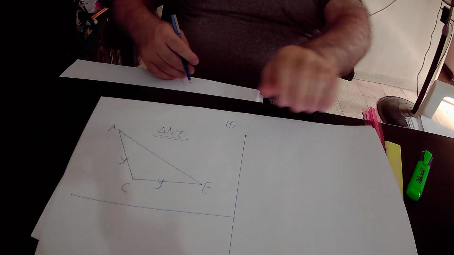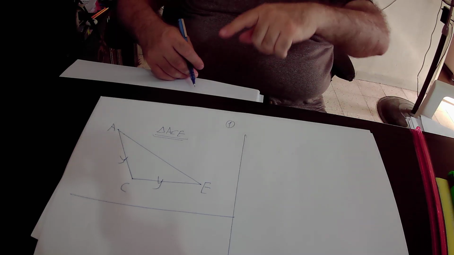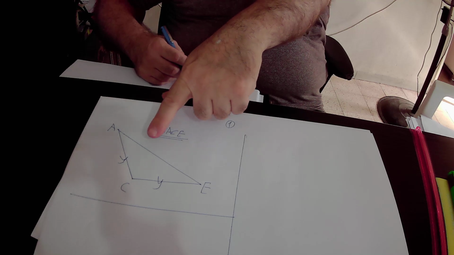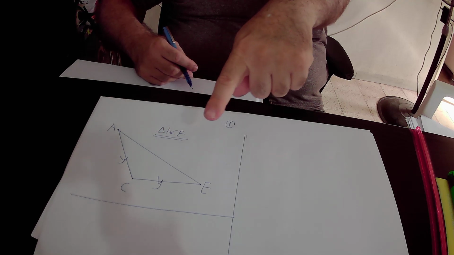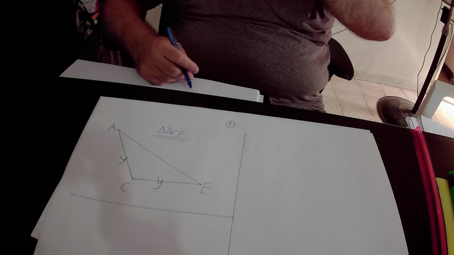So this is triangle ACE that I copied from the original drawing. Side AC equals Y units according to what is given in the question, and side CE equals Y units according to our construction.